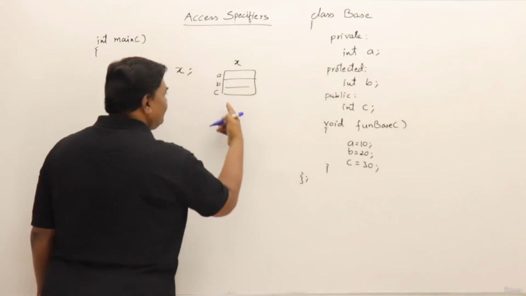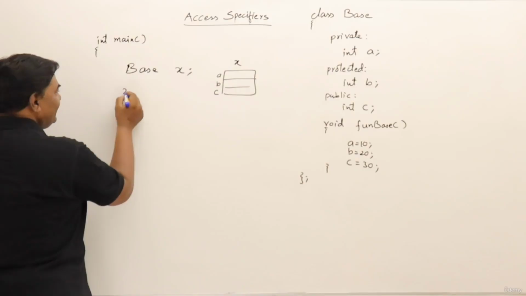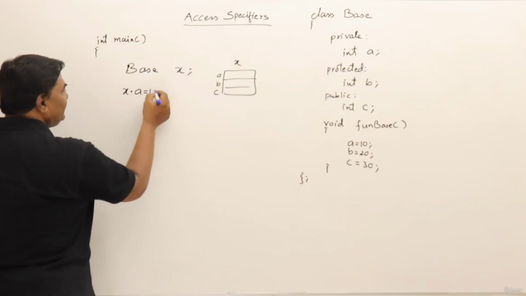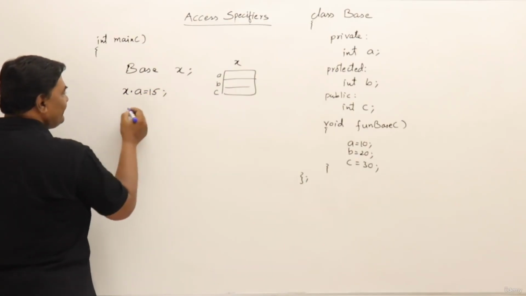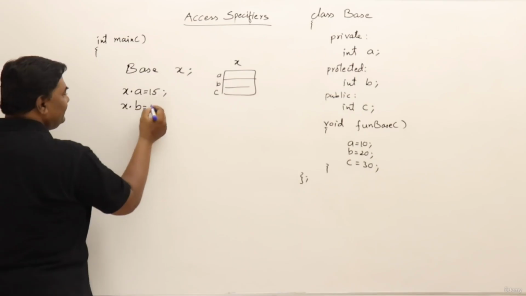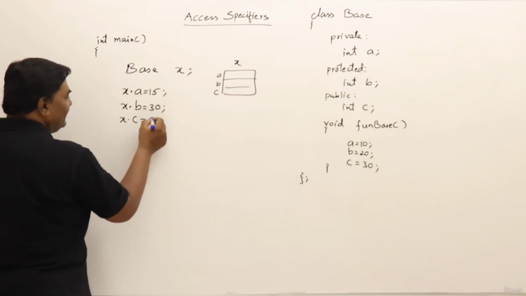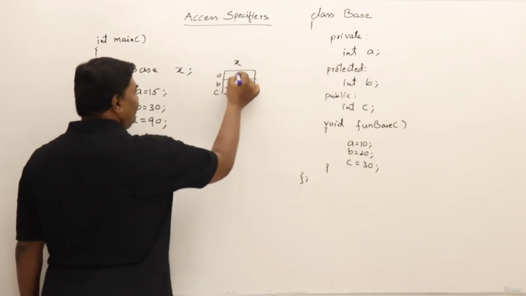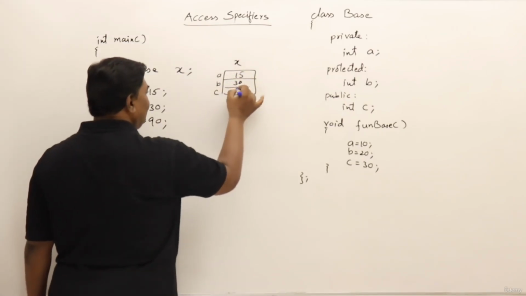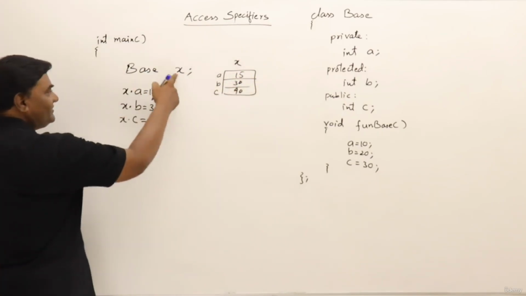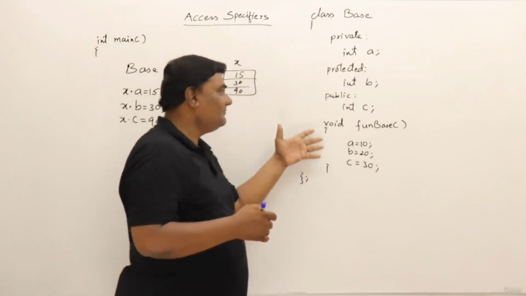Now can I say x.a assign 15, x.b assign 30 and x.c assign 90? I want to store 15, 30 and 90, because when I created an object of base class I got everything available here.